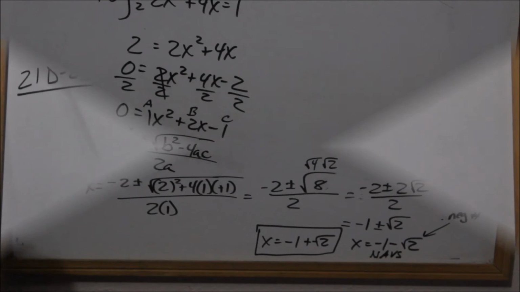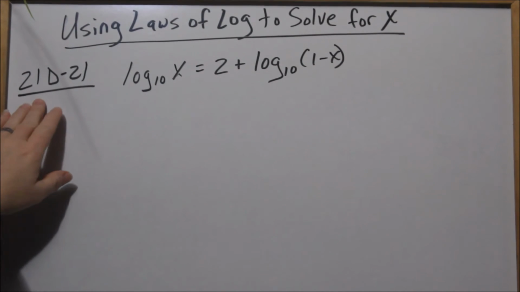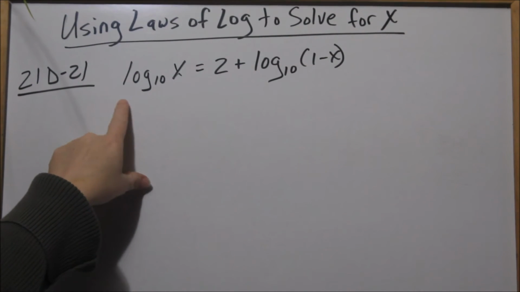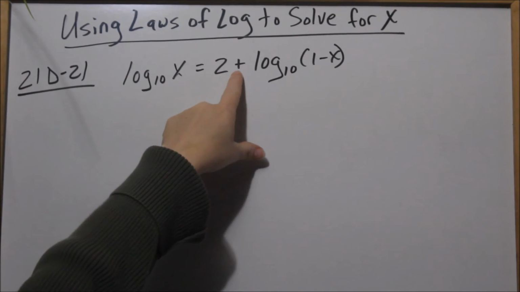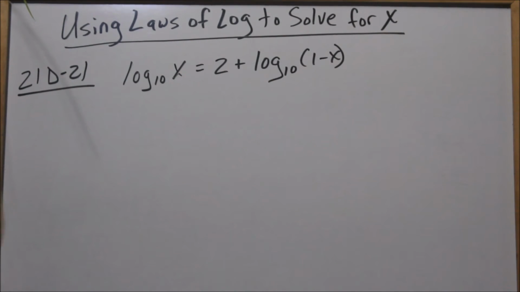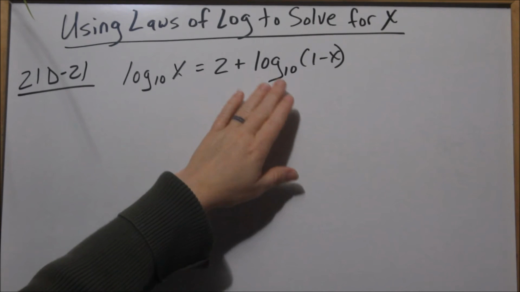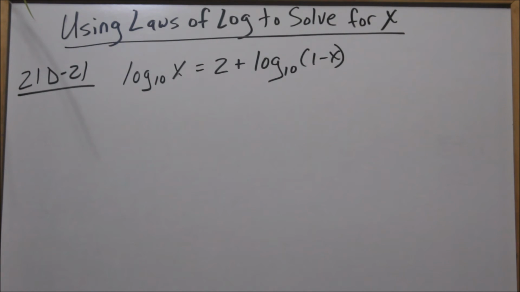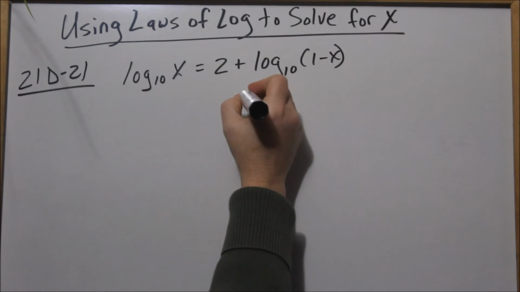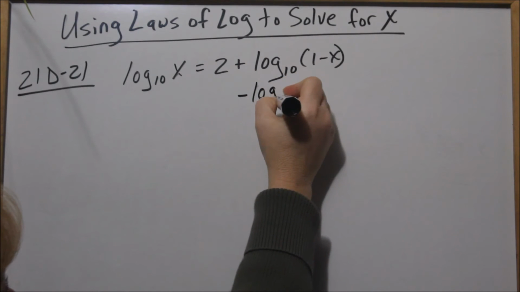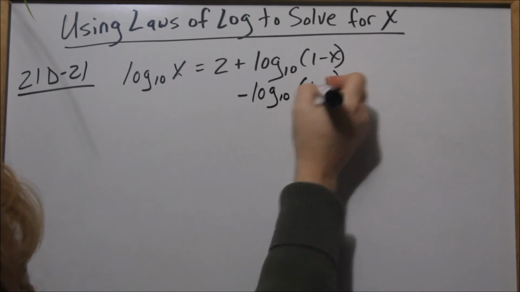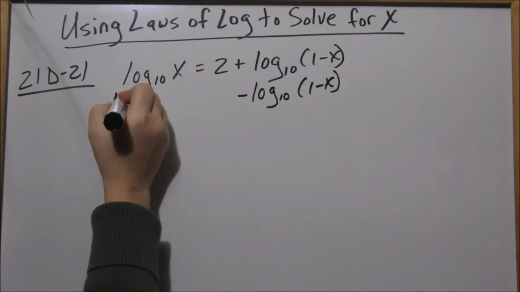Okay, looking at number 21D, you have log base 10 of x equals 2 plus log base 10 of 1 minus x. When you have this, the best thing is to get the logs on the same side. So basically I'm subtracting log base 10 of 1 minus x to this other side.